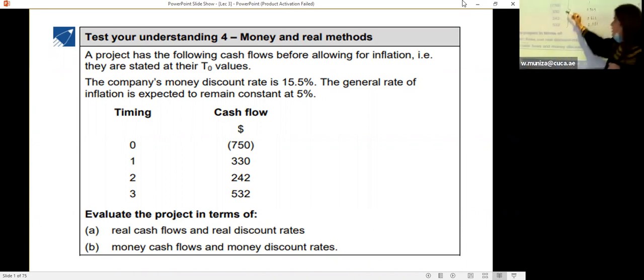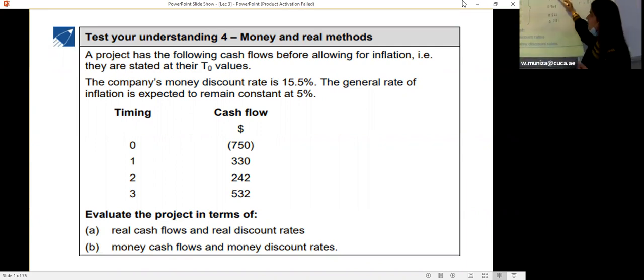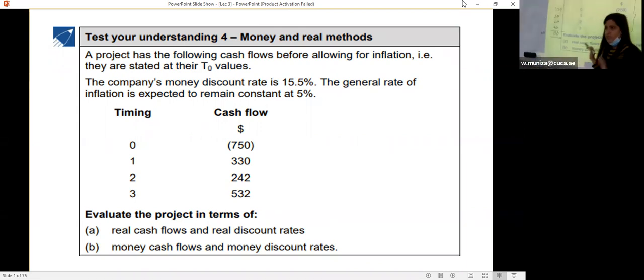So 750 multiplied by the factor at 10% from the present value table. Under 10% for year 1, it's 0.909. Do not see the annuity table, see the present value table. Then 0.826 and then 0.751. We calculated the present value and the NPV for this particular project.